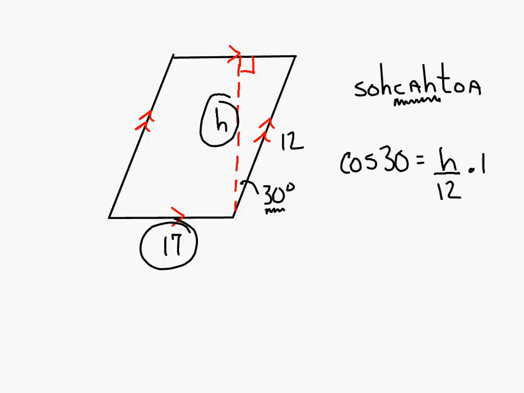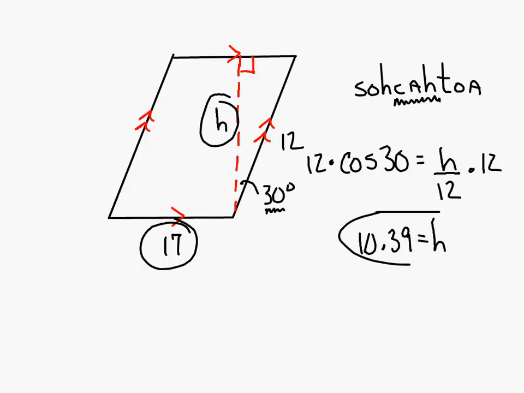Right. Multiply each side by 12. And remember, you have to enter the 30 in the calculator first. Anybody get 10.39? All right, so there's your height.